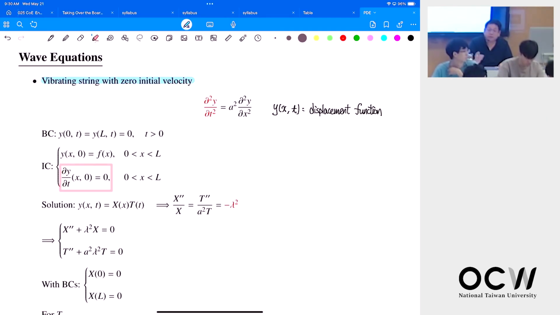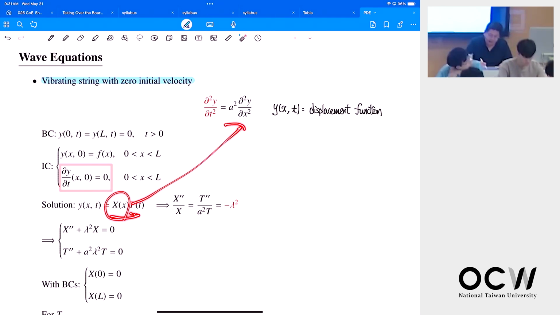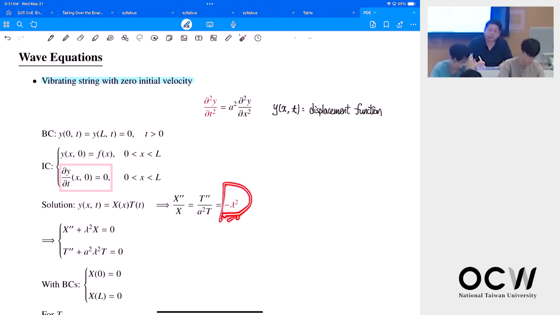Okay, you take the derivative, the position becomes the velocity, and then the velocity is 0 initially at 0. So we still assume that my solution is the multiplication of the displacement part times the time part, and you bring it back to your PDE, the partial differential equation. Then you have this form. These two should be equal unless they are equal to a constant, a separable constant.